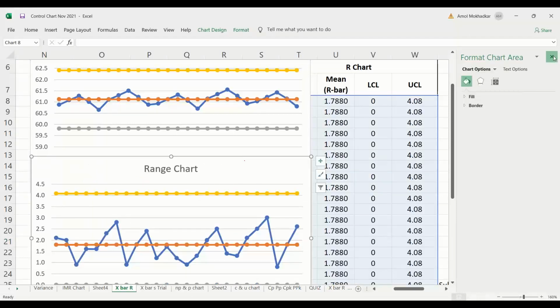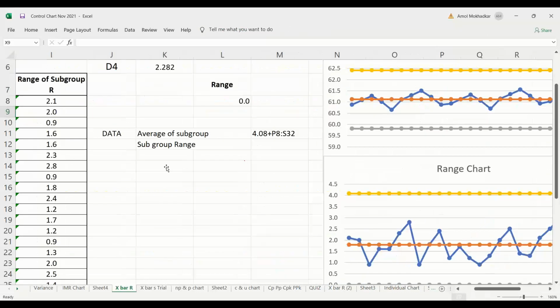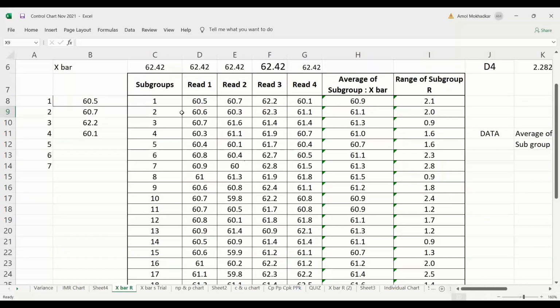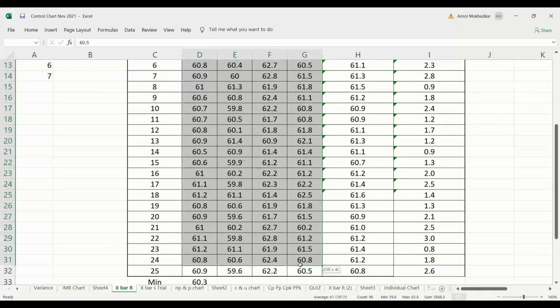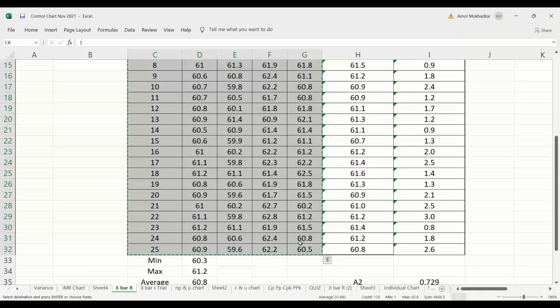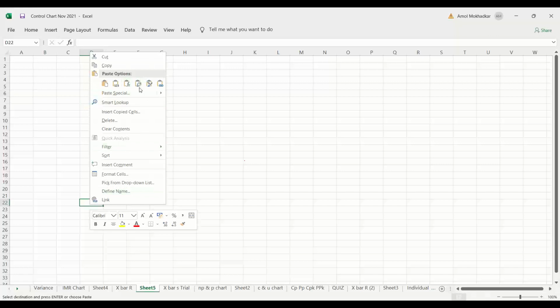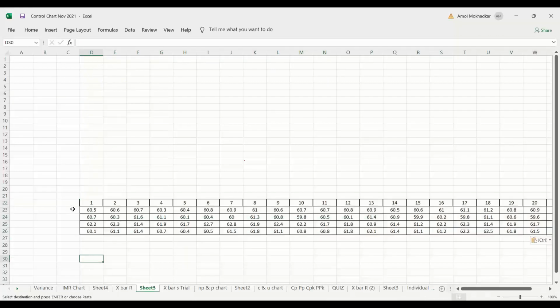Normally when you prepare it on the Excel sheet, on the graph, it will not look like this. On that Excel sheet, normally you collect the data. I will show you how you are going to collect the data. This data we first need to change to this form. On a daily basis or hourly basis, whatever data you are going to take, you need to write on the graph in this form.